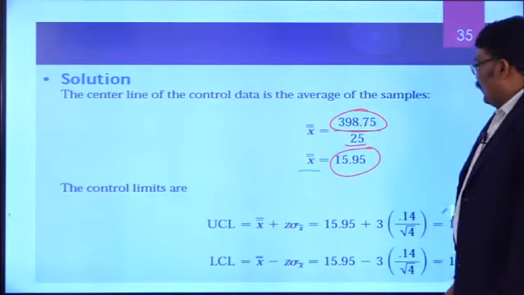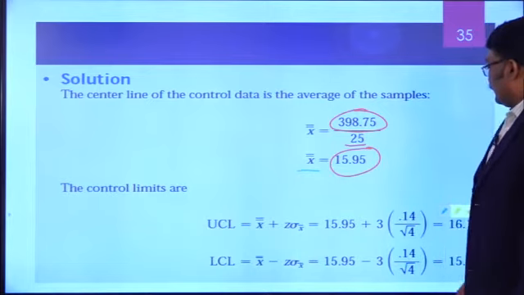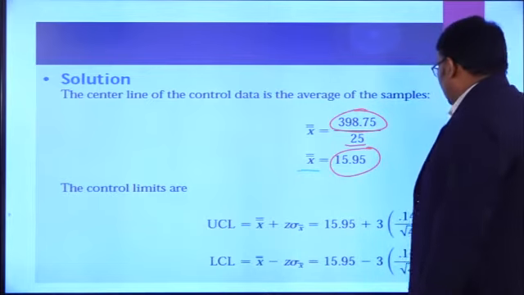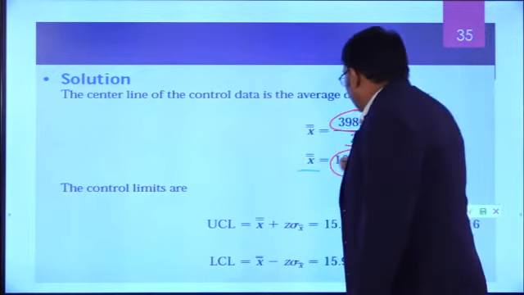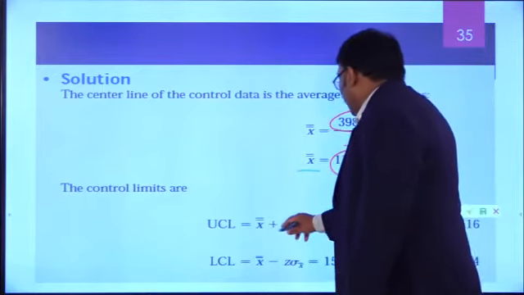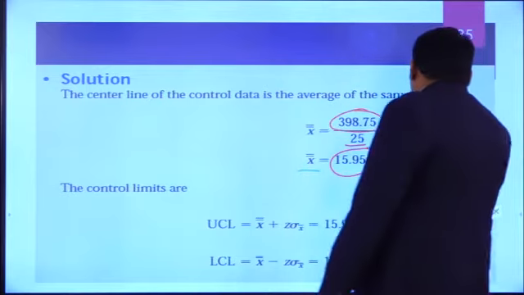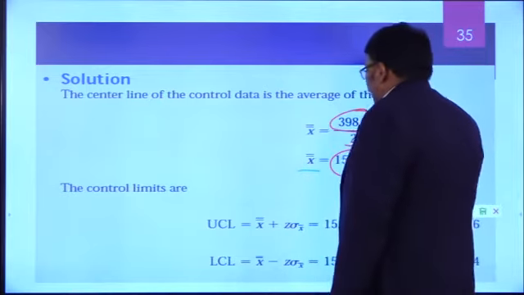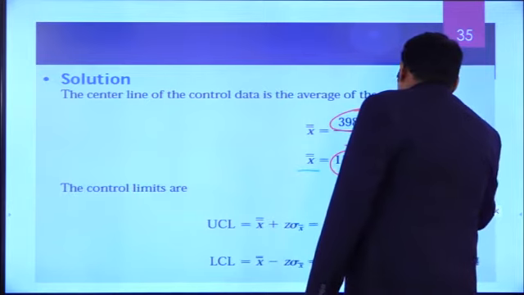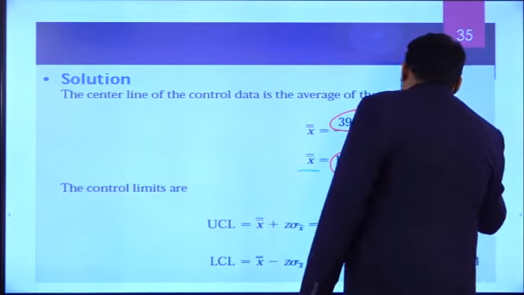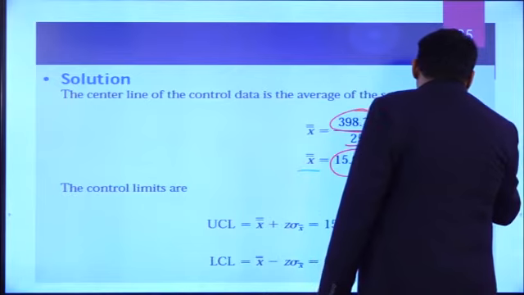Now, applying that x double bar, the formula is x double bar plus or minus z sigma x bar.